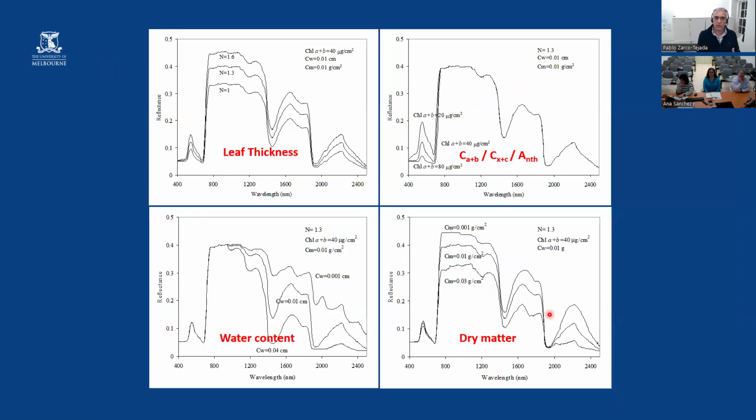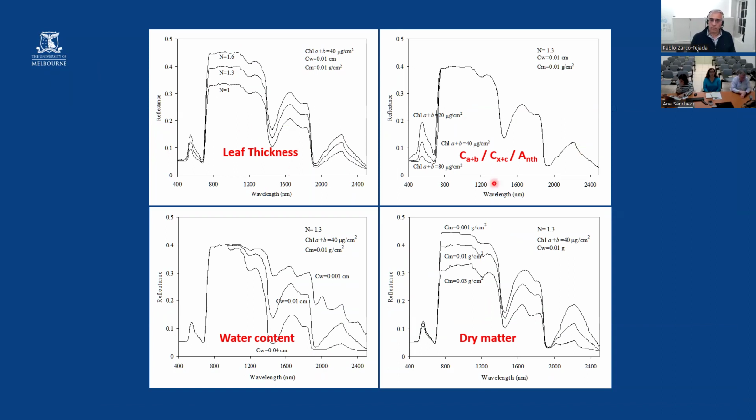So here you can see what is coming from modeling. We can see the effects of, for example, leaf structure on the full spectrum, and we can see the spectral regions where the major changes are happening.